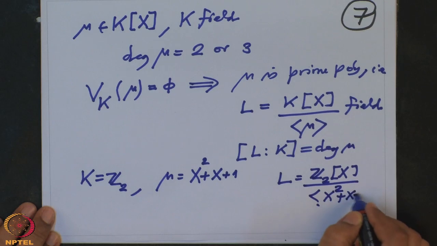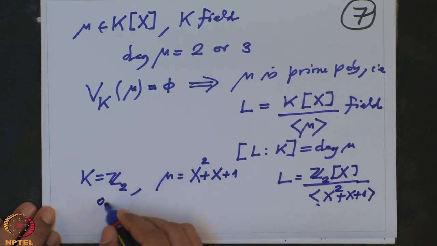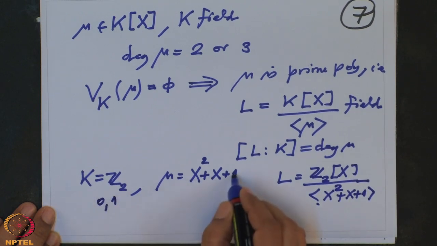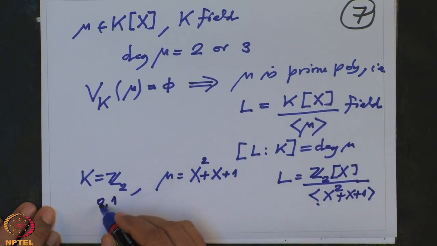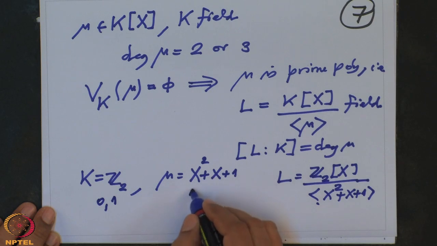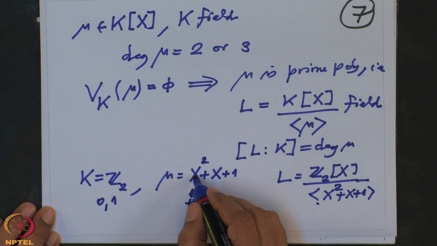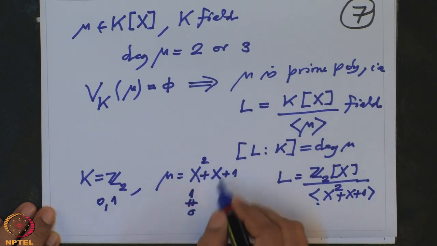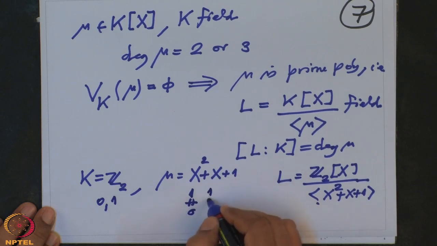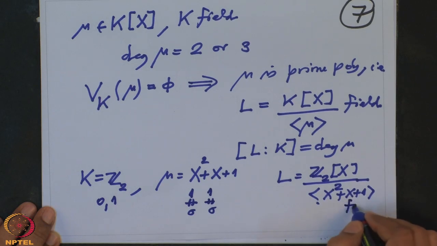To test that, you just have to test whether 0 and 1 are zeros of this polynomial mu. If I put capital X equal to 0, you get 1, which is not 0. If I put X equal to 1, I get 1 square plus 1 plus 1, which is 3, which is 1. So, this is not 0. Therefore, this has no 0. Therefore, this L is a field.